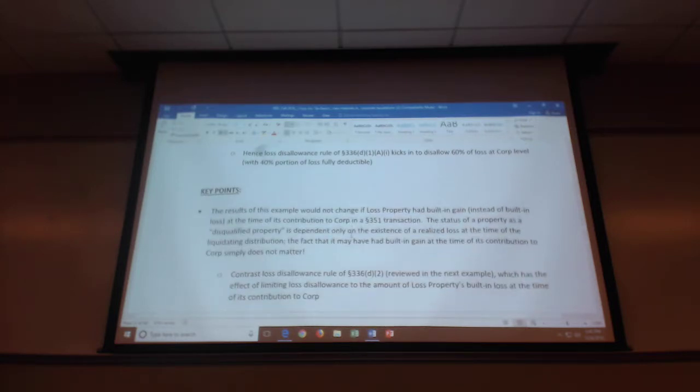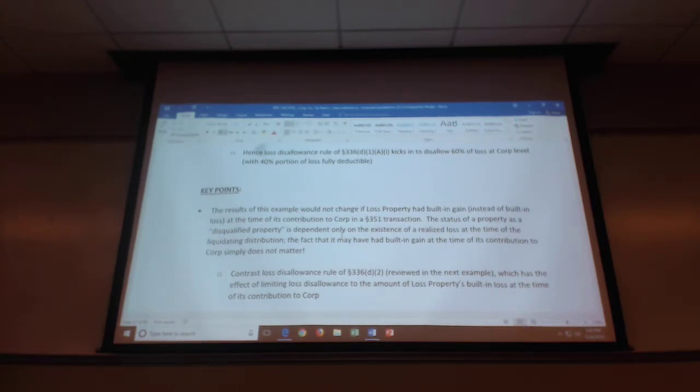Okay, and I'm going to correct a misstatement that I made. I apologize in advance, but the way the code is written, and this is a good example of how confusing these rules are, there's a distinction between the evil intent rule, the third loss disallowance rule, and the disqualified property rule, which I just described, but I described it incorrectly, and I'm comforted that none of you corrected me.